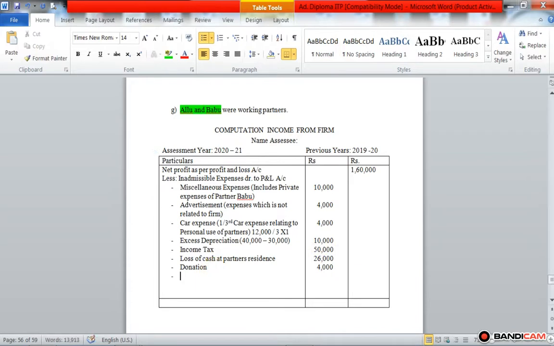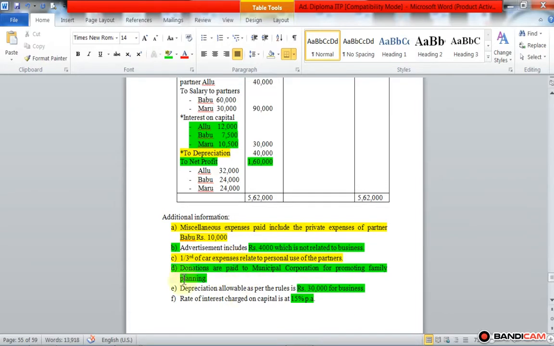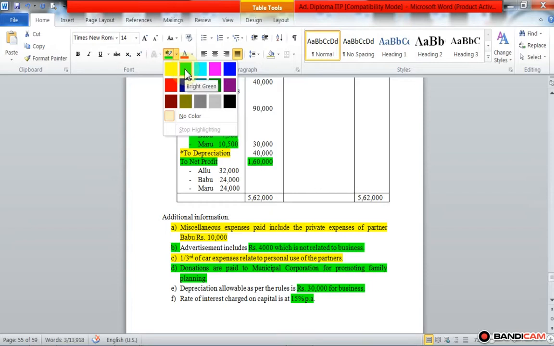Now here excess interest on capital. Okay, so excess interest on capital charged here. Interest on capital, salary, commission, all are part of remuneration. So first of all we add all the disallowed expenses.